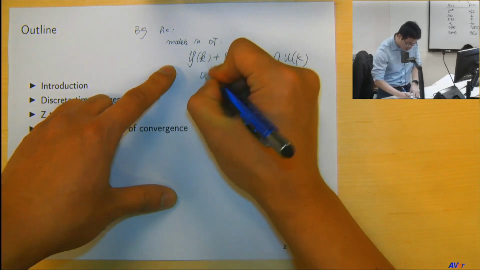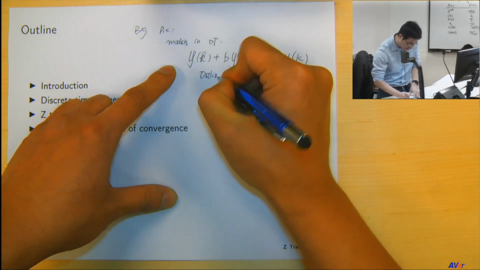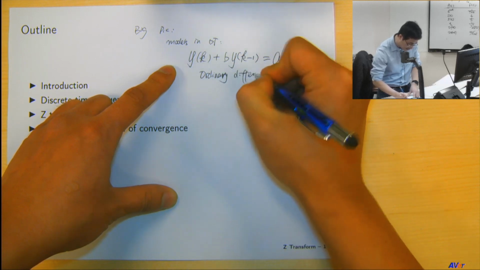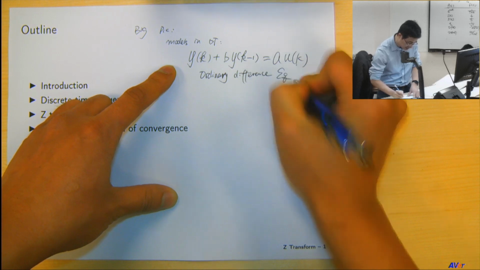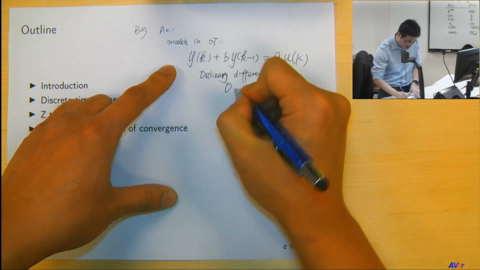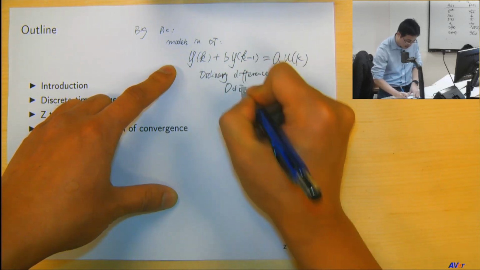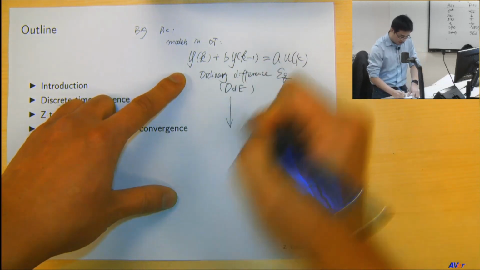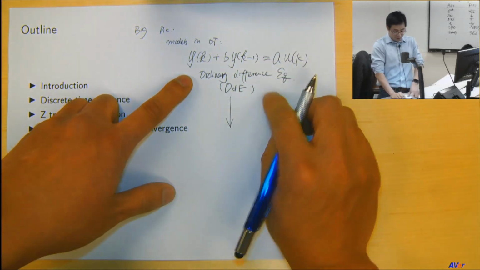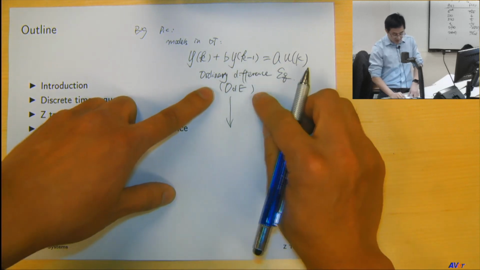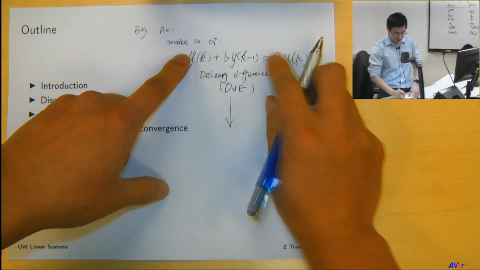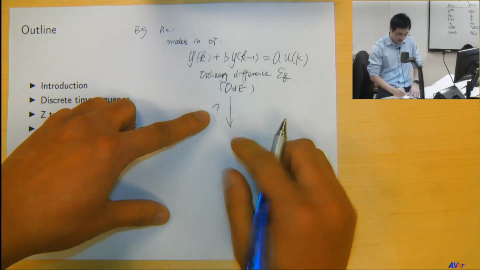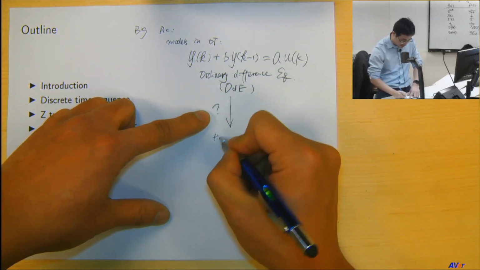This is an ordinary difference equation, O.D.E. We can reasonably solve lower order systems, but if the order is high, then it's going to be tedious to obtain the time solution.